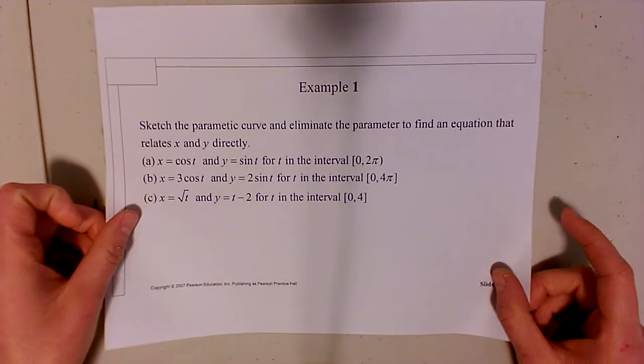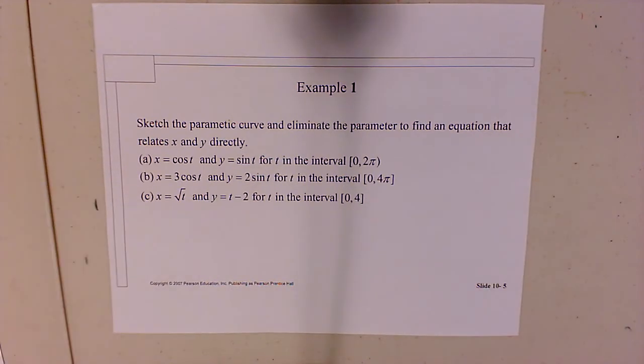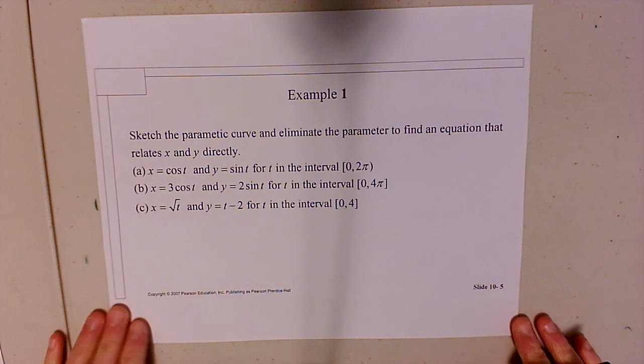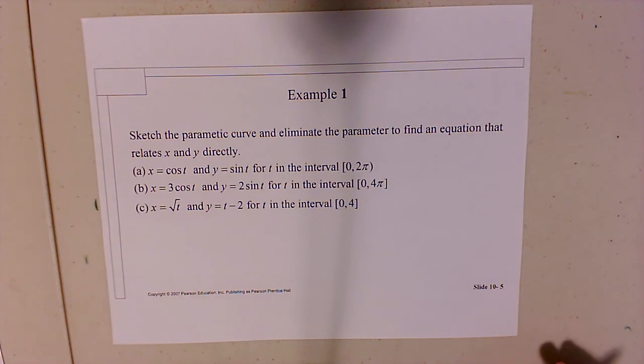So that's a quick reminder about parametric functions, and we'll get into example 1. In example 1, we have to sketch the parametric curve and eliminate the parameter to find an equation that relates x and y directly. We have A, B, and C to do for this.